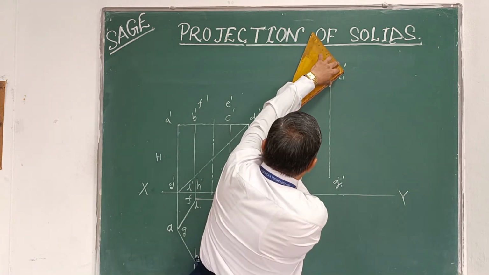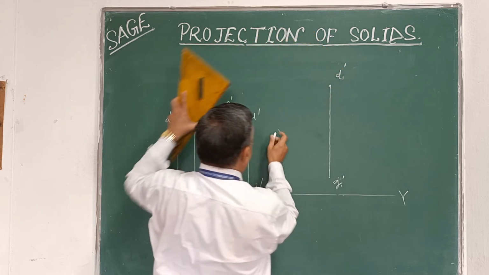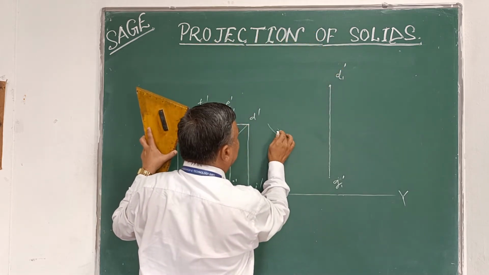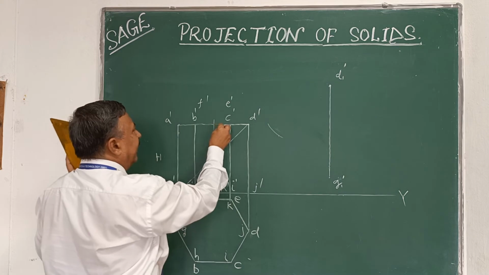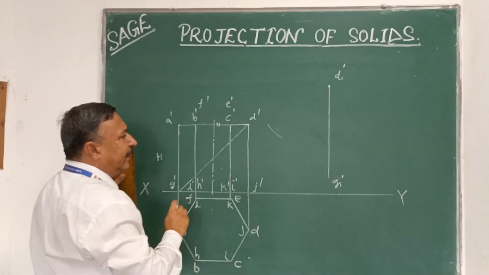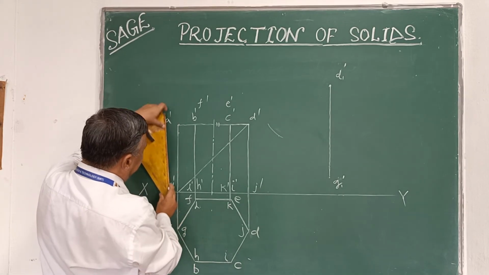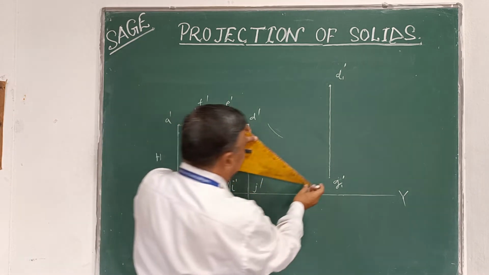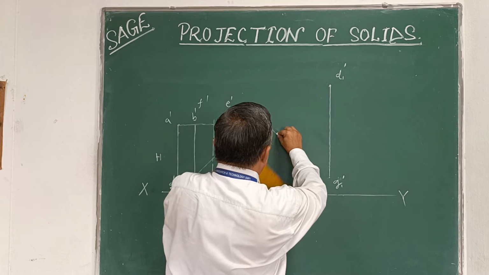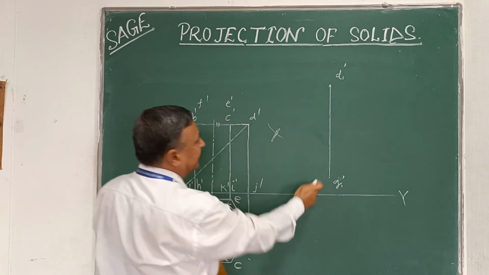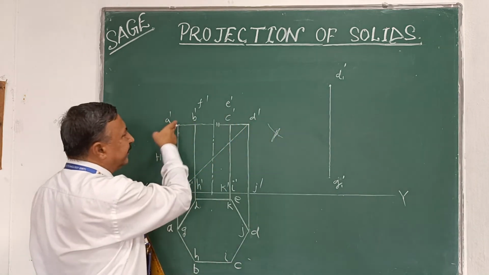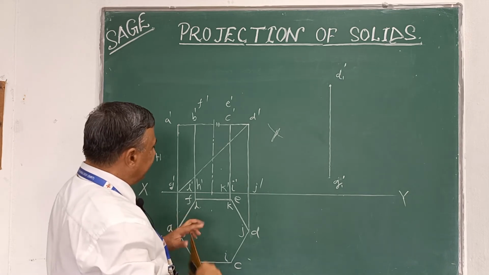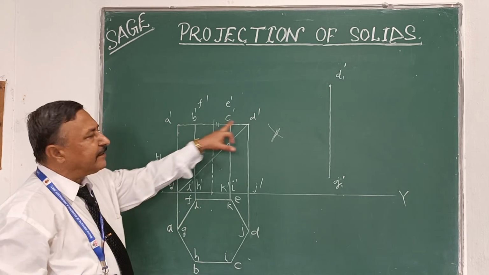Now see here, this is the first arc from here of this length, and next this length, this is another arc from here of this length. Okay, I think these two lengths are the same.